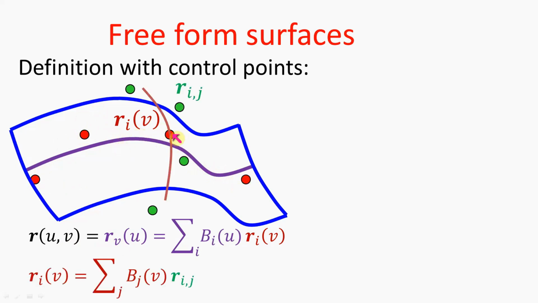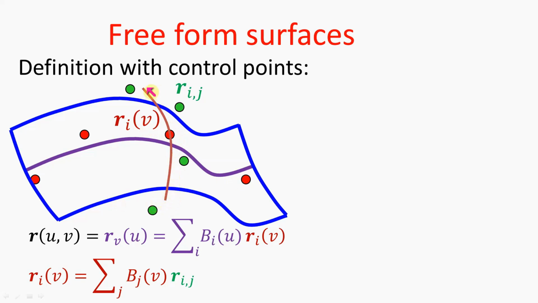So we can also say that the first level red control points will be functions of parameter v, and if we modify v, then the red control points also go along a path, or in other words, a curve. We are very good at defining curves.